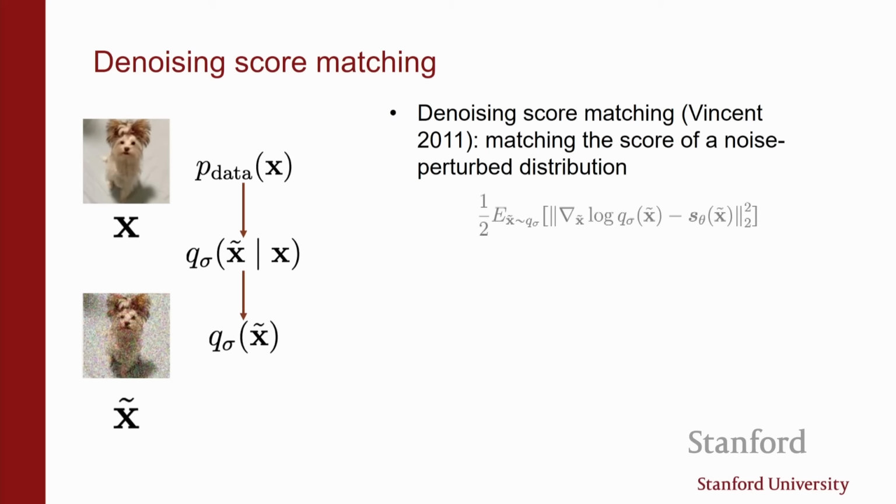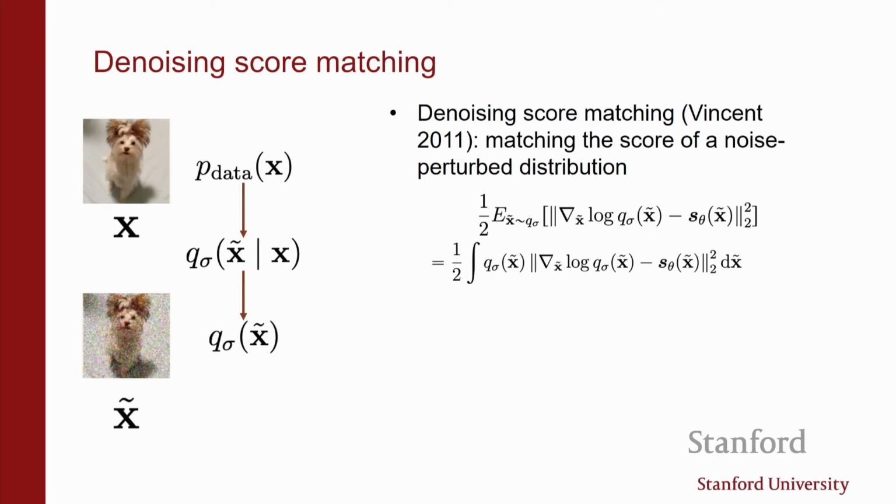And the way we're going to try to fit our model to this noise perturbed data density is again using the Fisher divergence. But now, instead of doing Fisher divergence between model and data, we do Fisher divergence between model and this noise perturbed data density. So it's the same thing as before, except we replace p data with q sigma, which is data plus noise, basically.